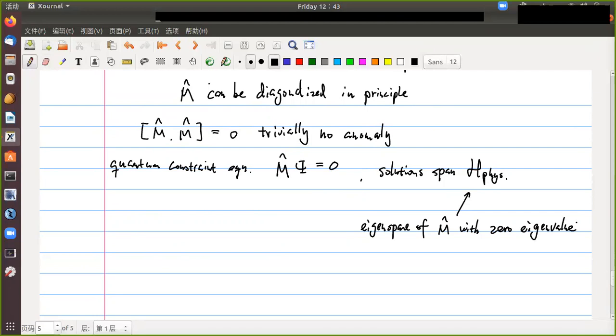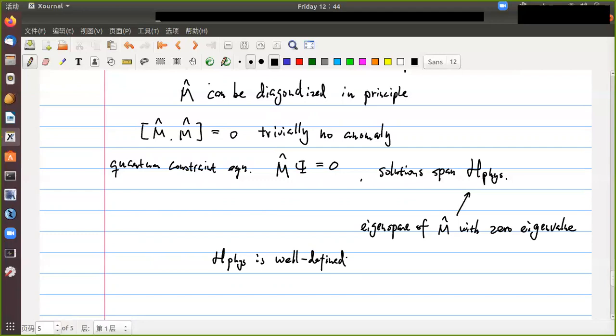Okay. So now at least, formally you can define this physical Hilbert space. It's well defined. So this is one advantage over the earlier naive procedure.